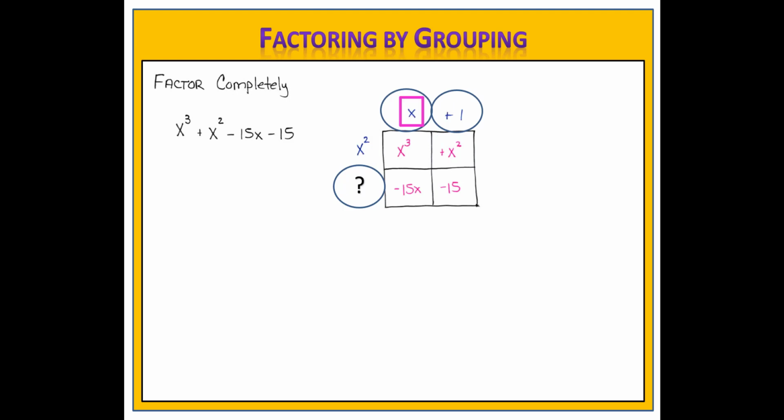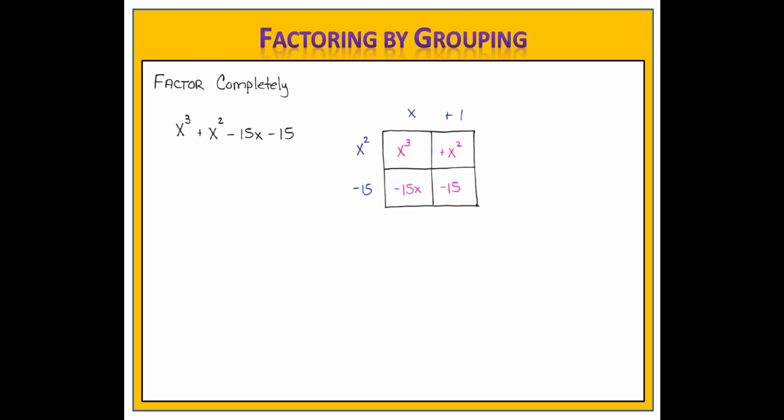Something times x equals negative 15x. What times x equals negative 15x? Well, negative 15 times x, so I put minus 15. And finally, I can check to make sure that things look okay. Negative 15 times 1 should equal what's in the bottom right-hand box, and it does, negative 15.